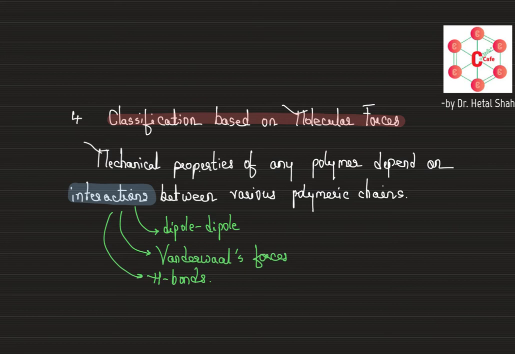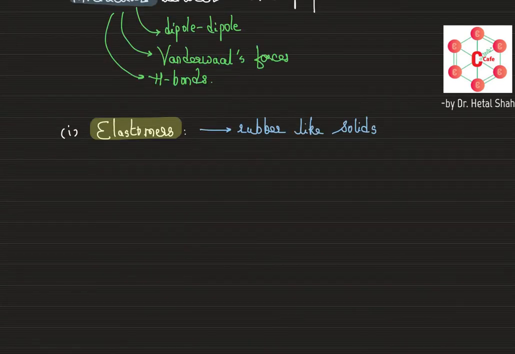The mechanical property of any polymer would depend on these forces. And based on these forces, we have 4 different types of polymers here, right? So let us take up these 4 different types of polymers now. This is based on the molecular forces or the attractive forces between the polymeric chains. So we take up the elastomers first. As the name tells you, these are rubber-like solids, right?